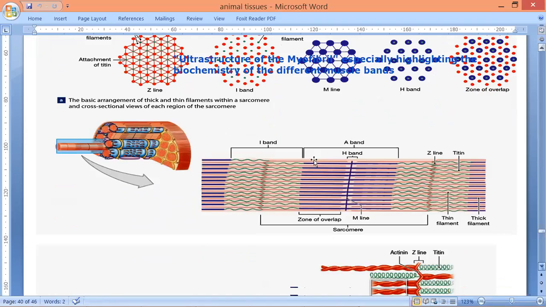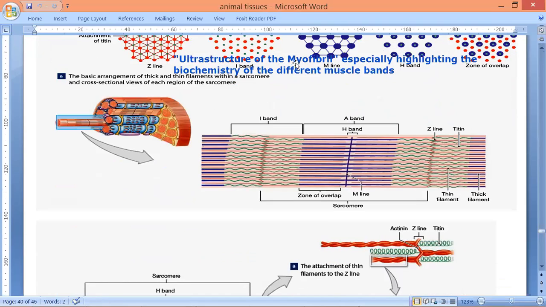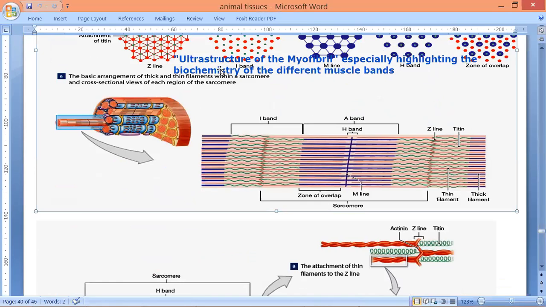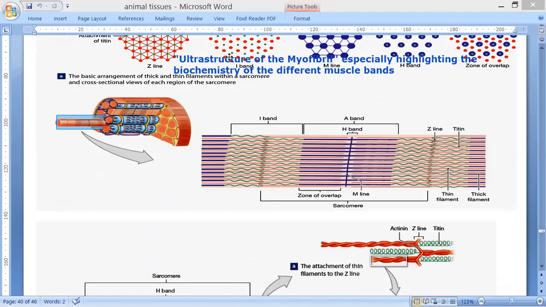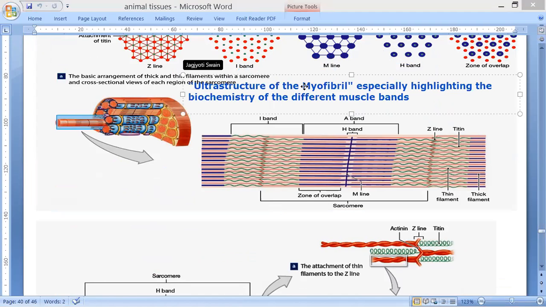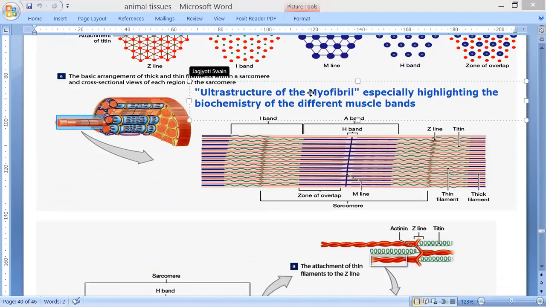Okay, so if we see in a nutshell, you will see this structure. If you are seeing this structure, very easily you can find that they are striated.